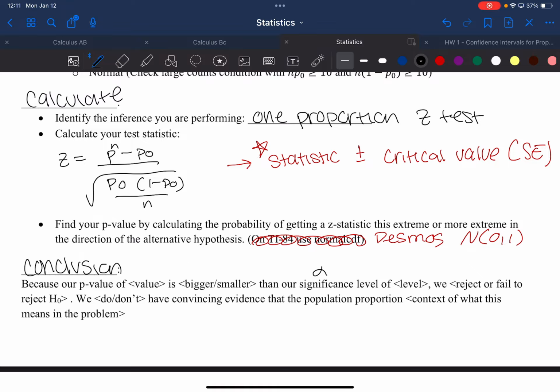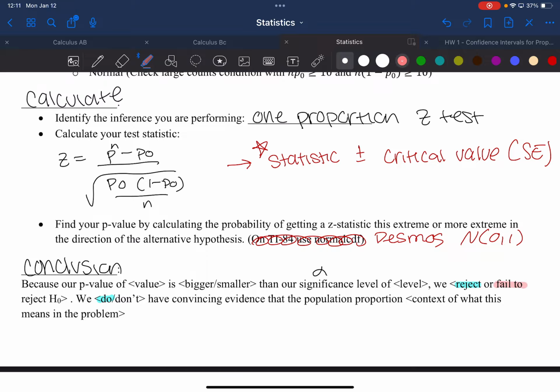So if we reject, that means we have evidence or we do not have evidence. We have evidence. So if we reject, we have convincing evidence. Let's color code it. If we reject, we have convincing evidence. Okay?